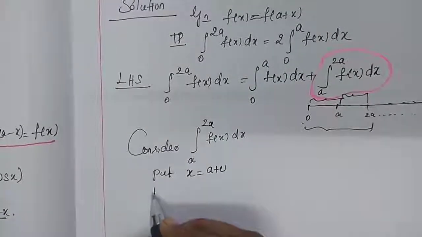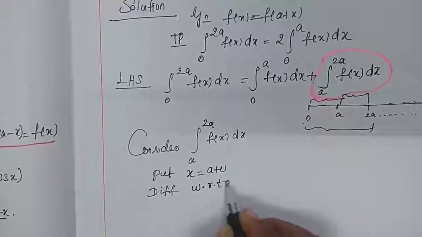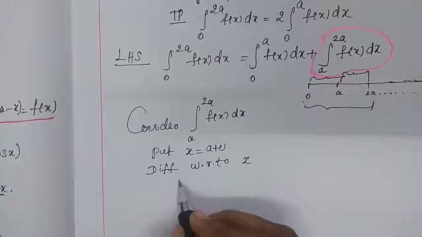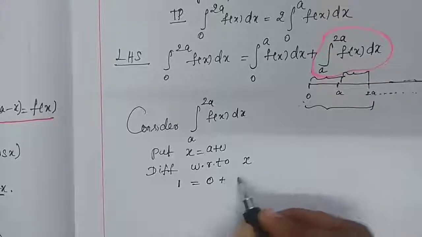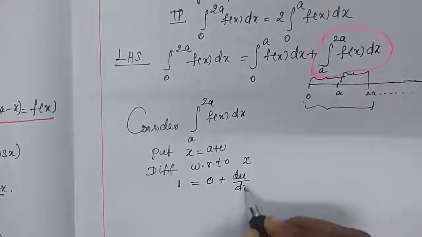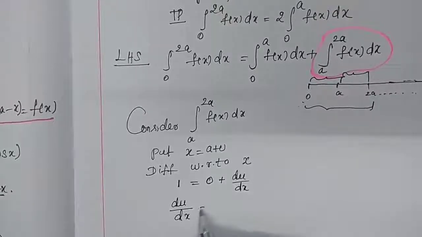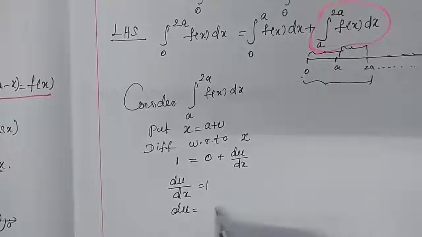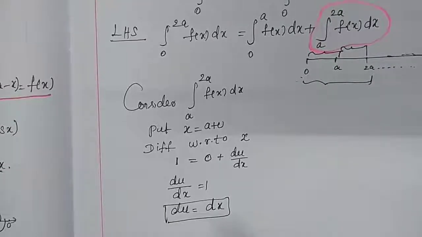Now differentiate with respect to x on both sides. The differentiation of x is 1, and the differentiation of a constant is 0. So du by dx is equal to 1. Cross multiplying, we get du equal to dx.